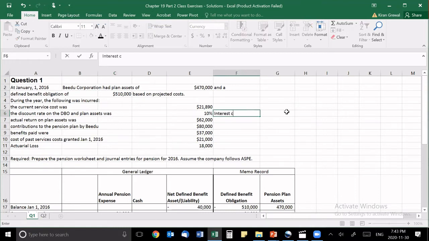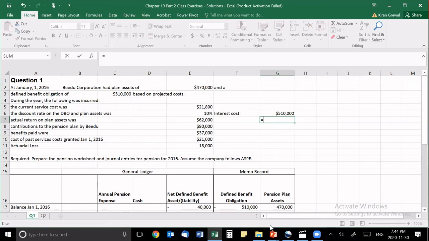Okay, so interest cost, the way we're going to figure that out is we're going to take our opening DBO, which is 510, and we're going to add our cost of past service, because it was granted January 1st. So it was granted at the beginning of the year, so technically it should be included in the opening balance of the DBO.